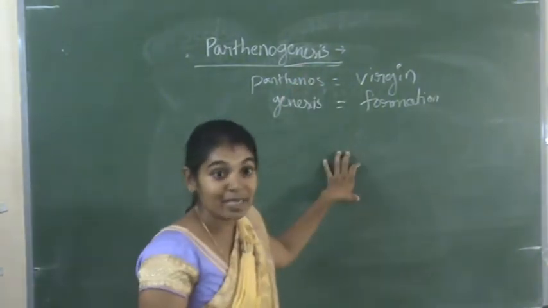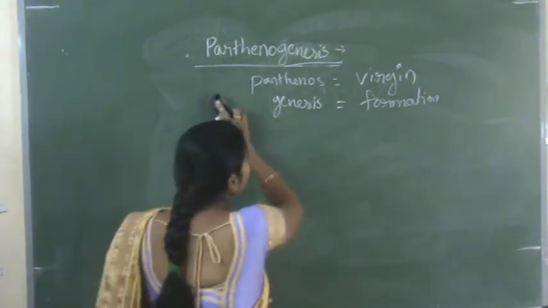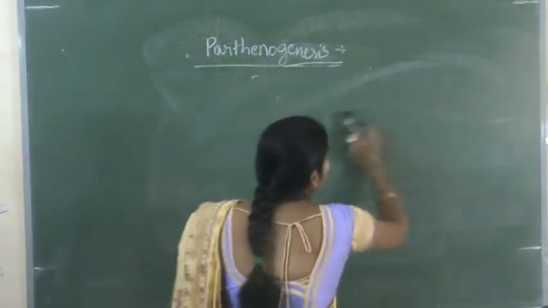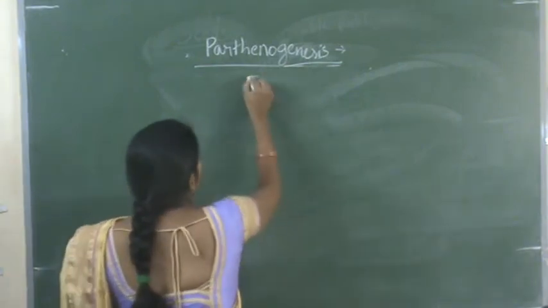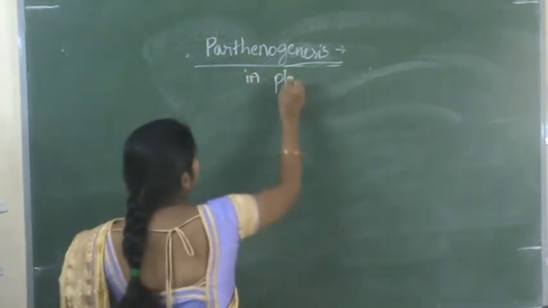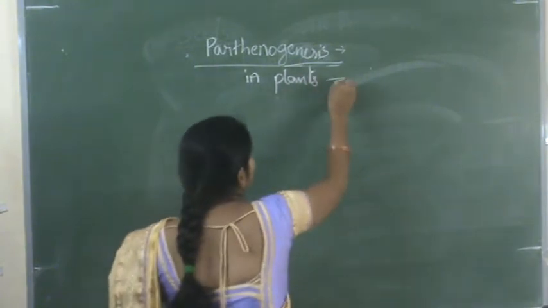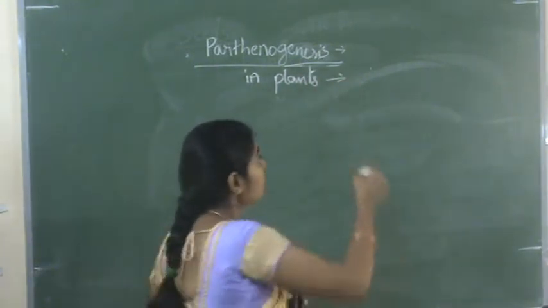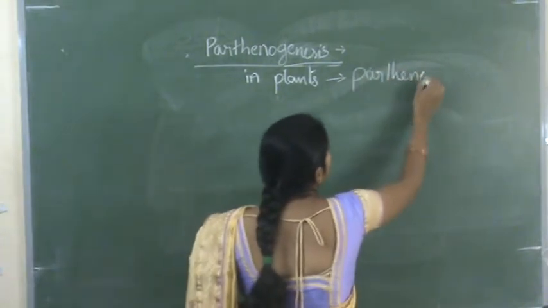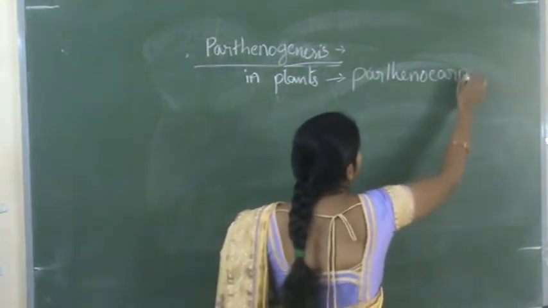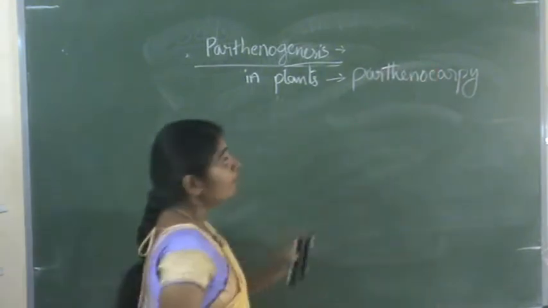But in flowering plants, this parthenogenesis is called parthenocarpy.